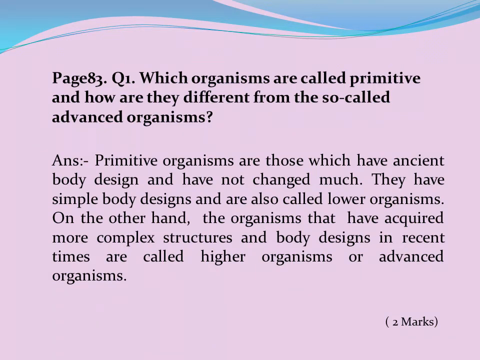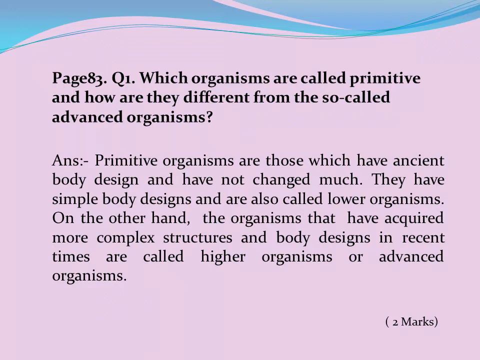Page number 83. Question number 1. Which organisms are called primitive and how are they different from the so-called advanced organisms? Answer. Primitive organisms are those which have an ancient body design and have not changed much.